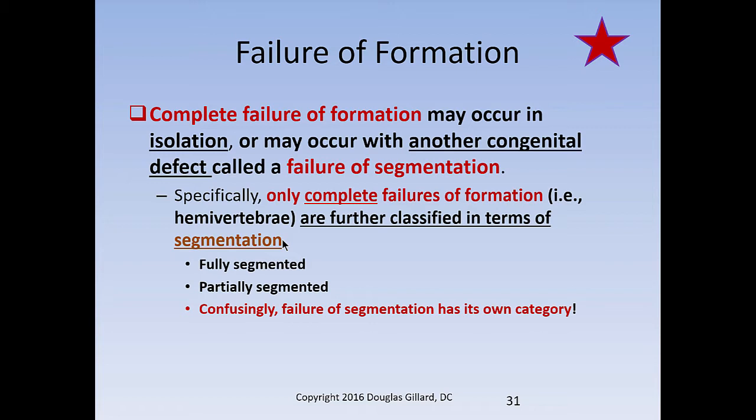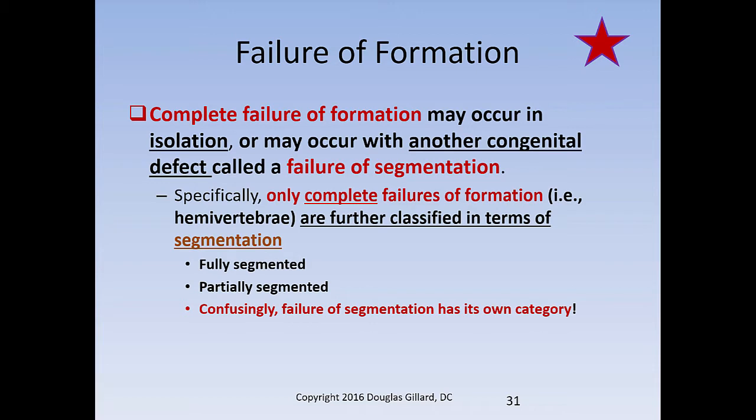But we also use that same classification system to further describe hemivertebra. And I like to think of it as a vertical failure of segmentation, because we're talking about verticalness here. And the block vertebrae and unilateral bony bar, we're talking about more vertical.